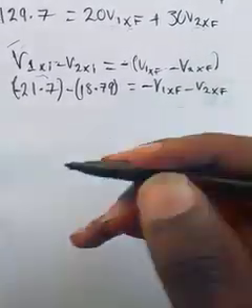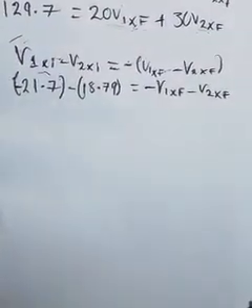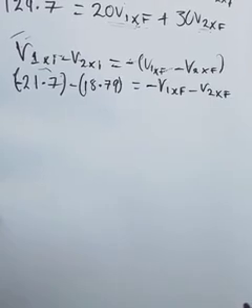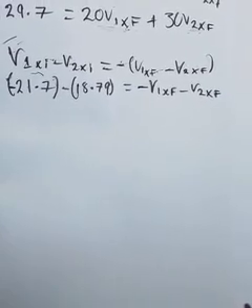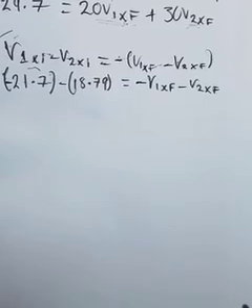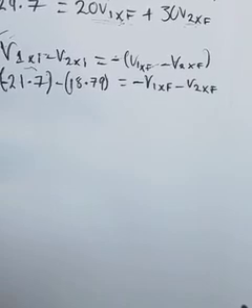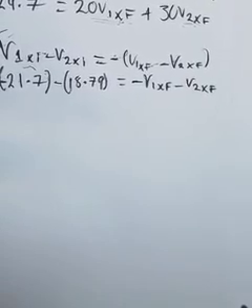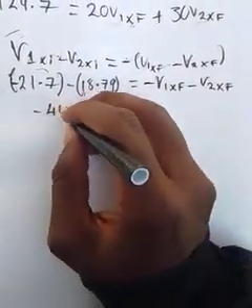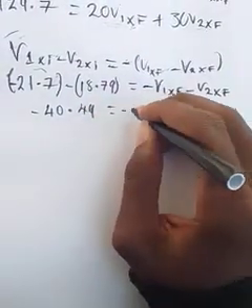Yeah, so let's try to simplify this part. It's more like we are trying to say 21.7 plus 18.79, so it's going to be negative 40.49.